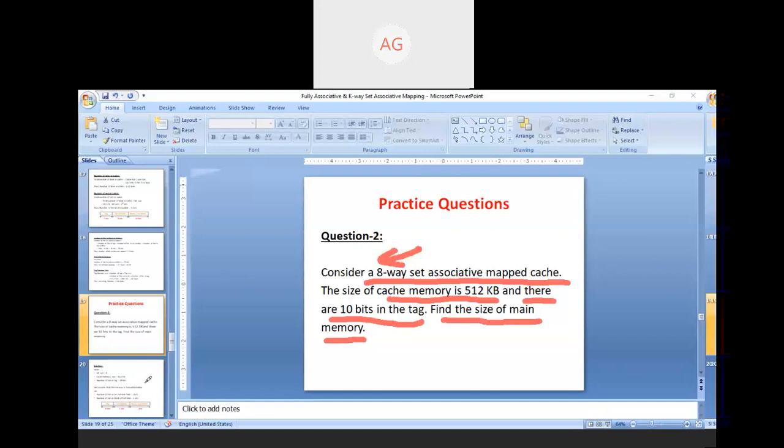So moving to the next slide, or I am giving you 2 minutes in order to solve the question. Just try by your own. Are you able to solve this question? Just try.